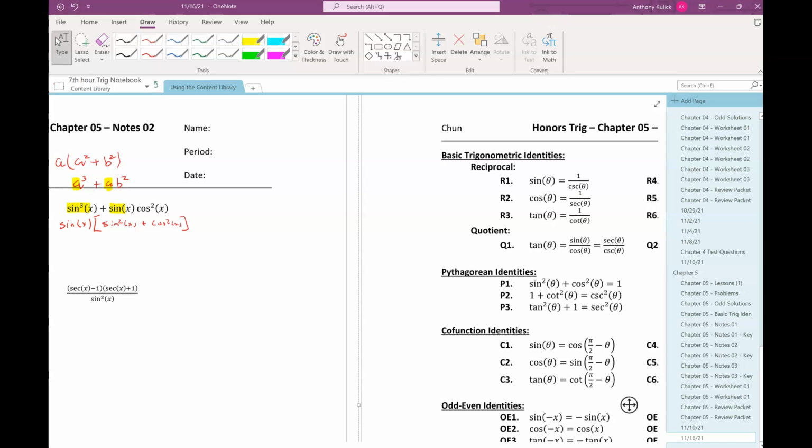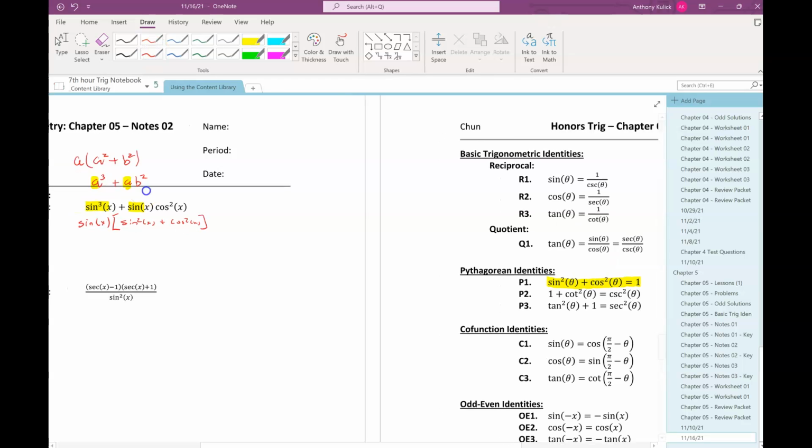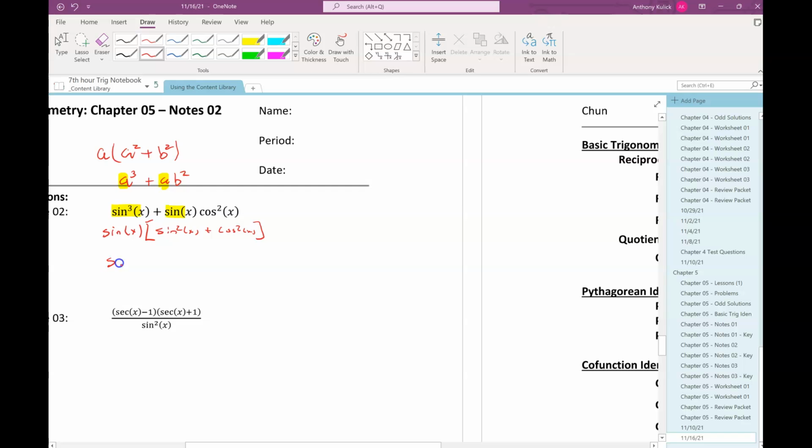That was not complete. There's still more to do. We use P1. Right? In our problem, we have a sine squared plus cosine squared. So I can use P1 to replace that with 1.